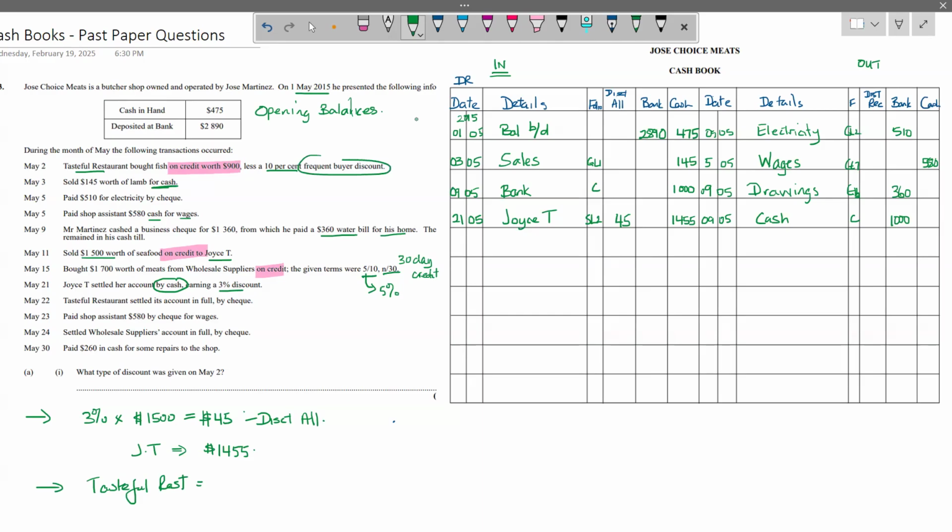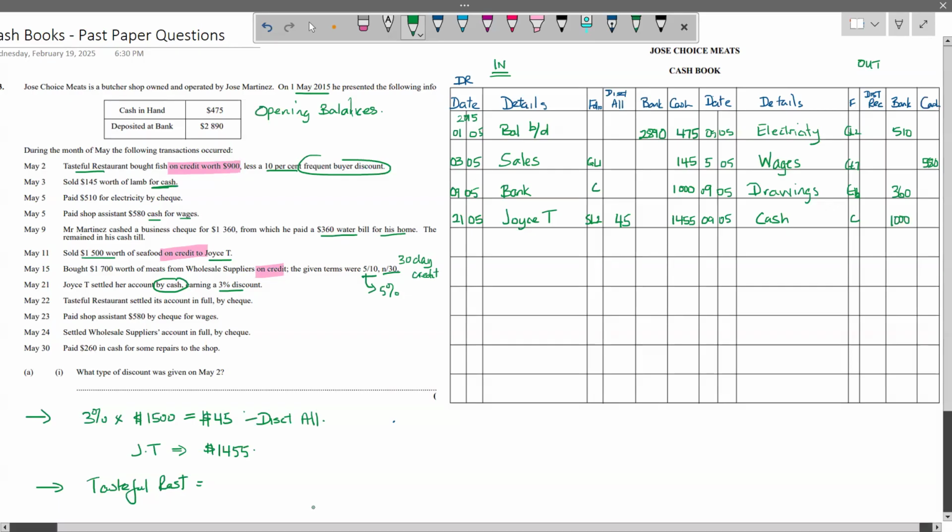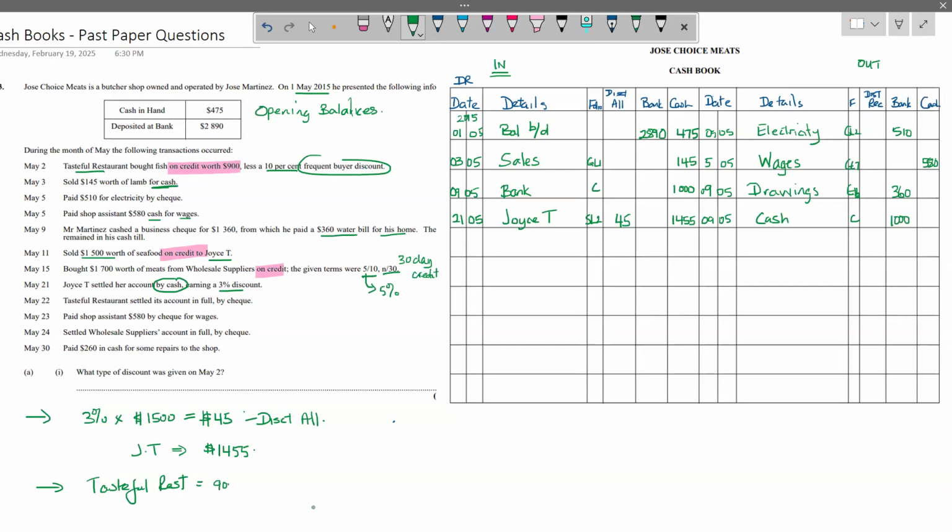So this discount is happening at the time of purchase, not when they make any payment. So although the goods is worth $900, they are paying 10% less. So they are paying $810 for those goods. So 900 multiplied by 90% because they get 10% off.